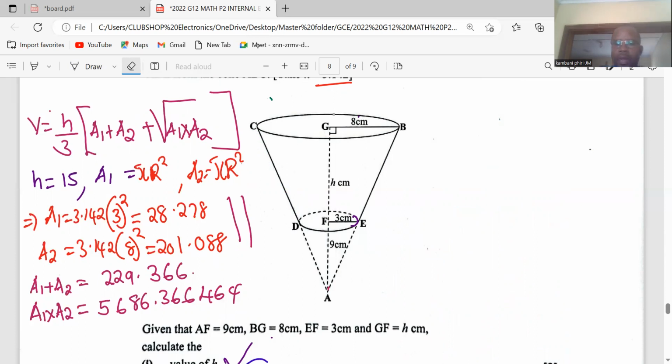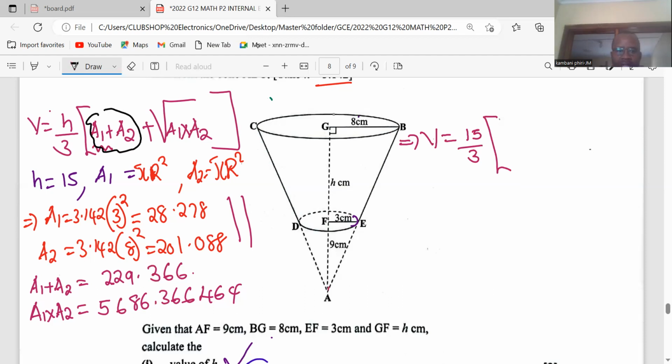Okay, so we are going to say this implies that our volume will be equal to our height, which is 15, divided by 3. Open bracket. What is A1 plus A2?